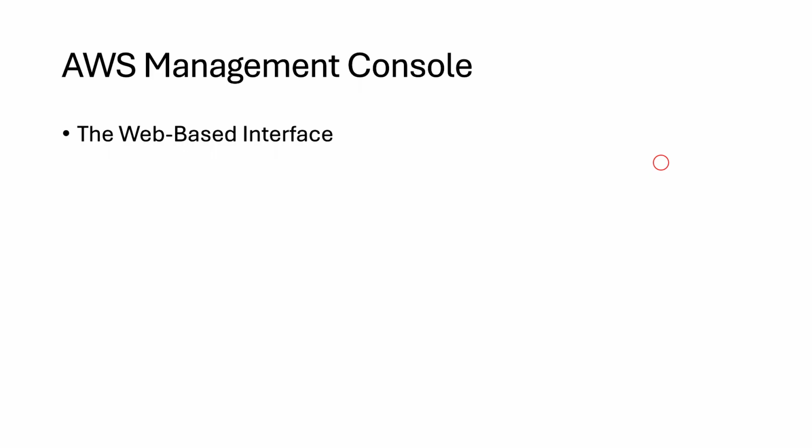So initially the root user has to use the management console to set up its users and their passwords. So for that, the management console is a must, and once you have all this setup done, you can use those users and those credentials to access AWS resources through CLI or SDK also.